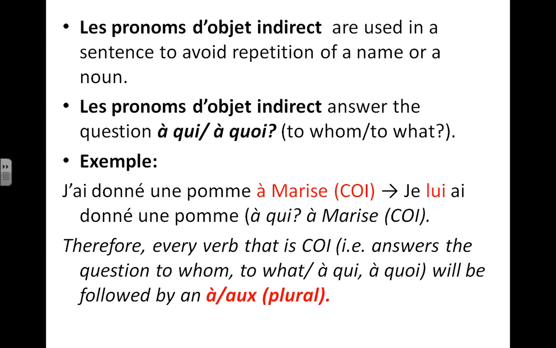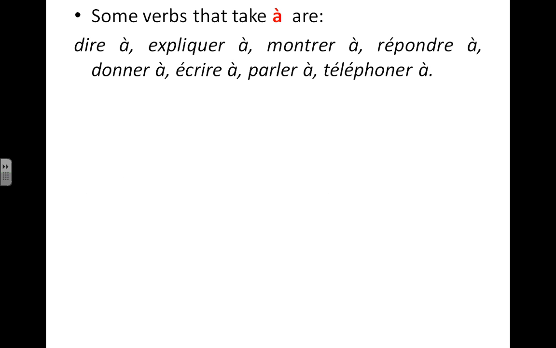So every verb that is COI, so that answers the question to whom, to what, or à qui, à quoi, will be followed by an à, or aux if you have a plural after, right? Let's see what this means again. You have several verbs that will take the à with the accent in front, and therefore they're COI, and they answer the question to whom, to what.